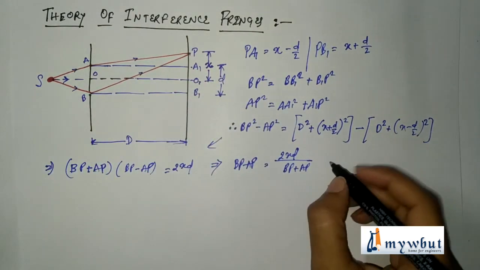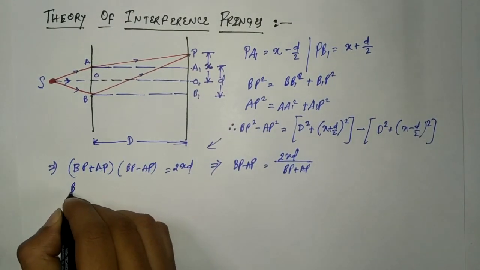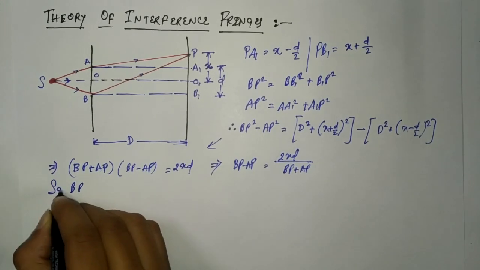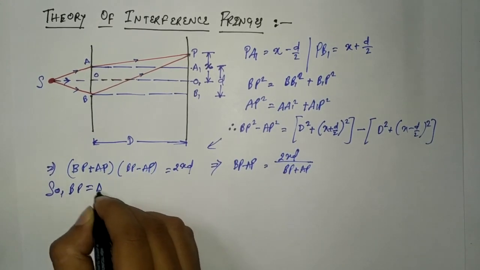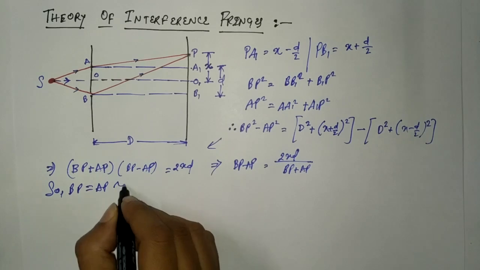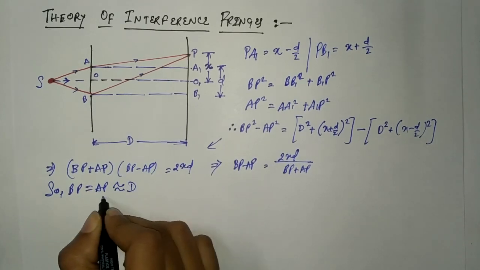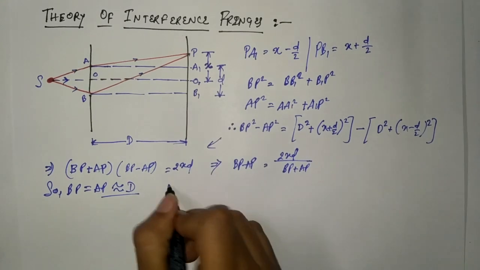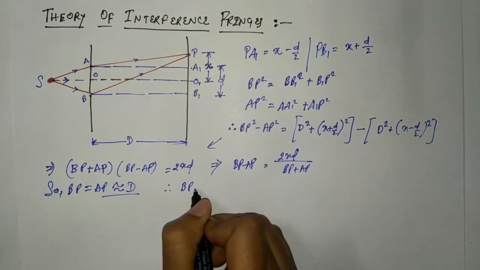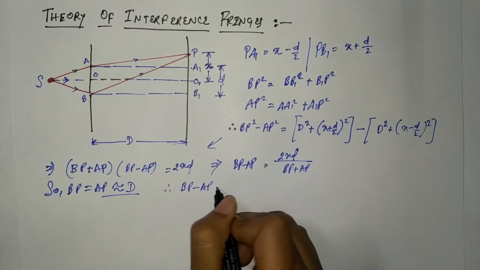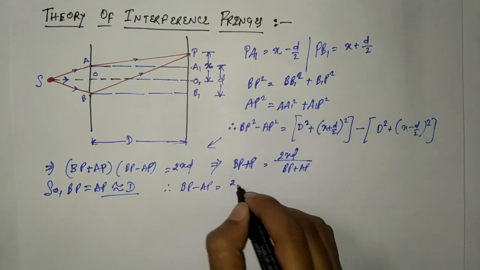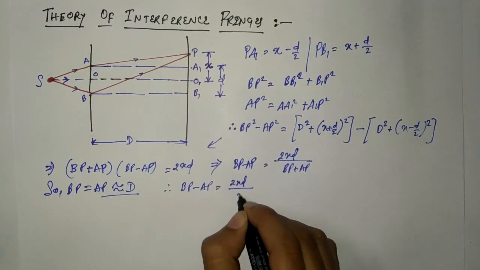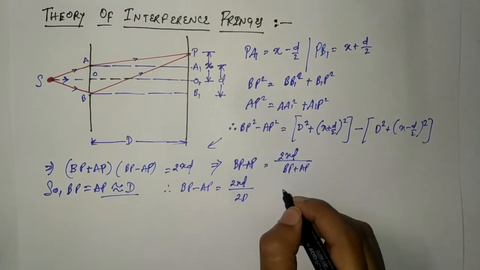So we can consider BP equal to AP, that must be similar to D. Therefore from this consideration we'll be getting BP minus AP is equal to 2xd by 2D.